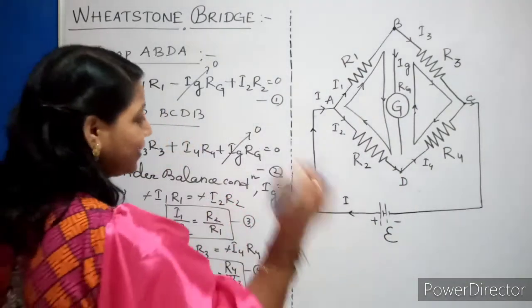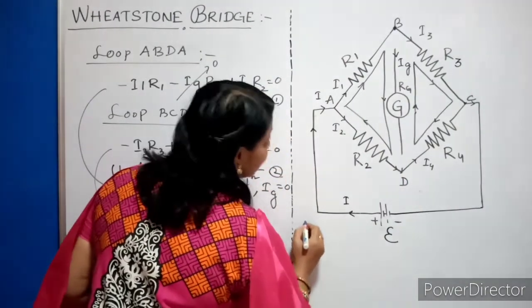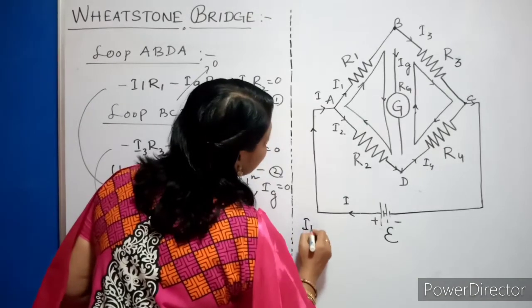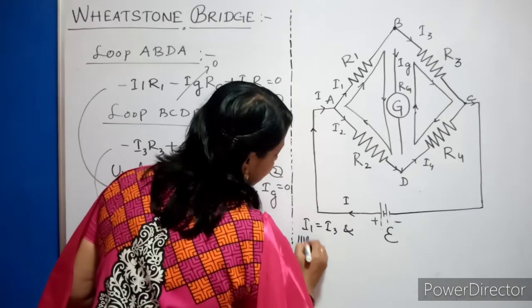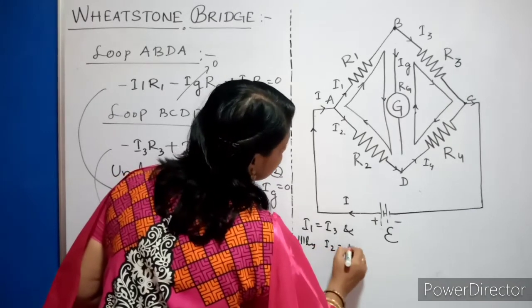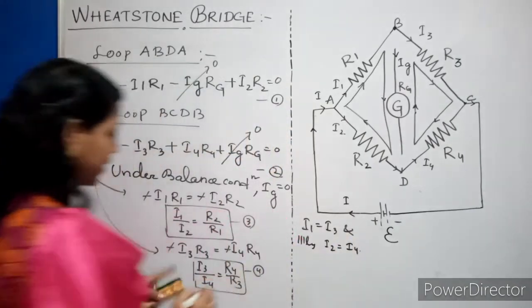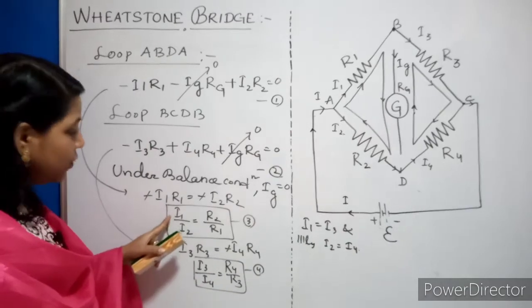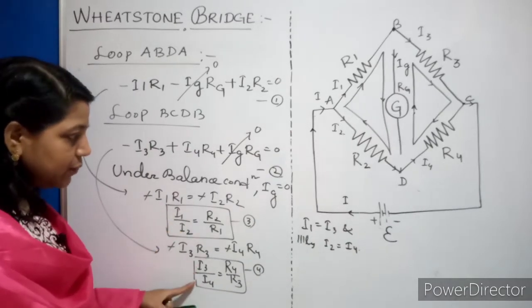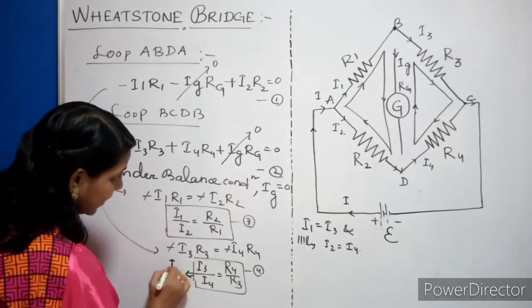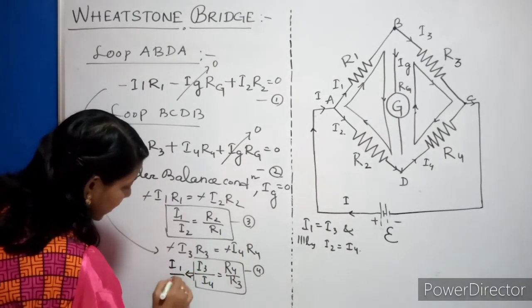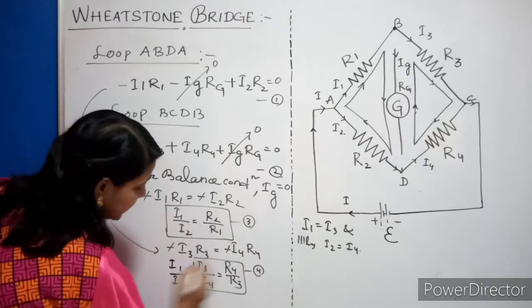So I1 current equal to I3 and similarly I2 current equal to I4 current. Now you can substitute here I1 by I2, this is I3 by I4. So now I3 by I4 I can write as I1 by I2.